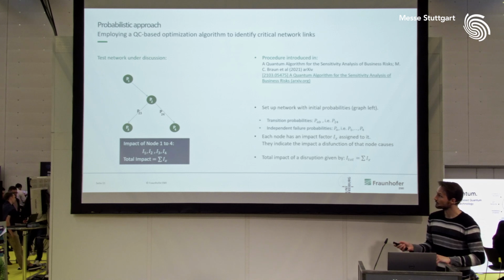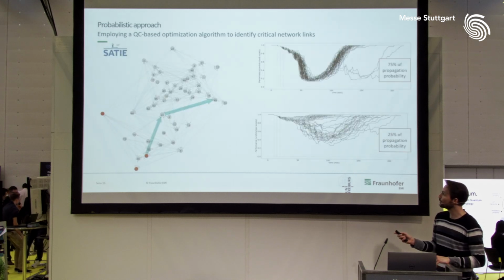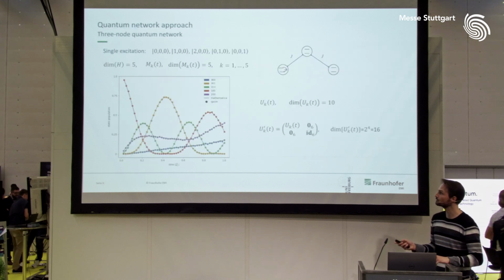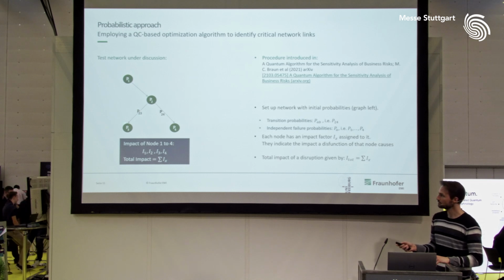And what we can do here is to assign an intrinsic failure probability to every risk item, which would be just on this slide the probability that such a node fails on itself. And we have these transition probabilities.